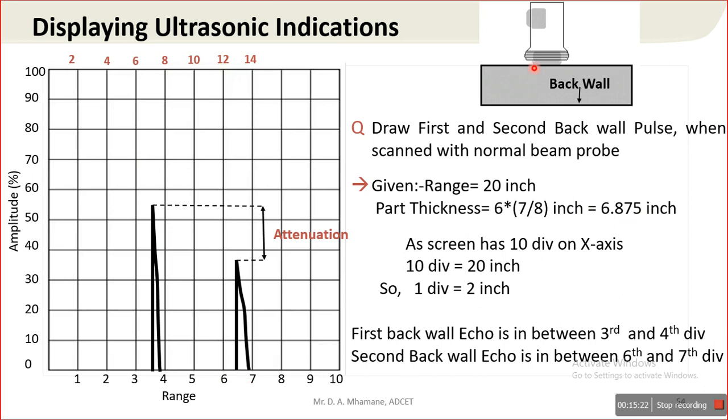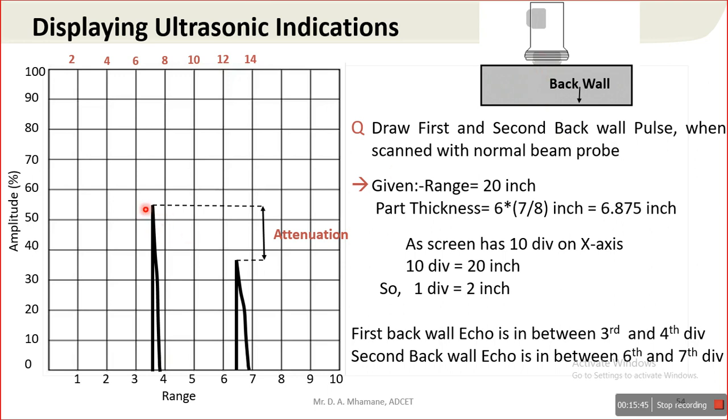because sound propagates two times in between the two entities, that is top entity and bottom entity of the component. So the same ultrasound propagates double, two times. So this is first back wall when the ultrasonic pulse transmits and reflects the first time.